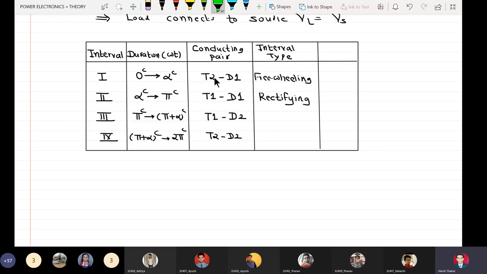It's very simple. Wherever you find different subscripts for thyristor and diode, you write freewheeling, right? So another such pair is here, 1 and 2. So you can write down freewheeling here.